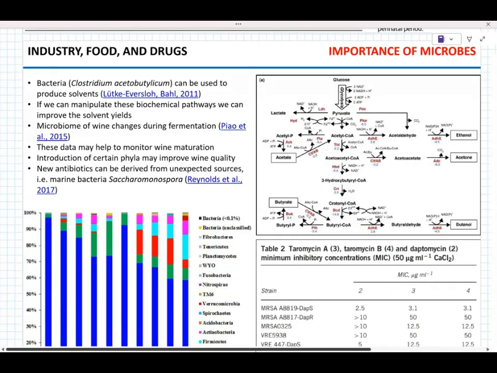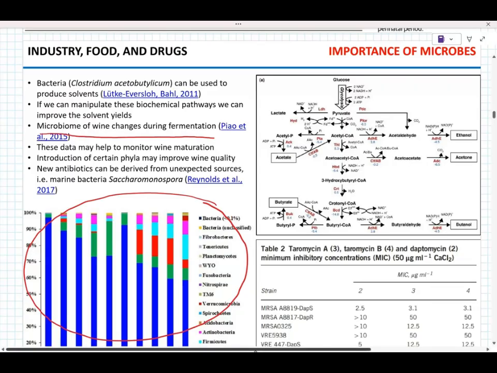Bacteria can be useful. For example, on this graph, you can see an observation of the wine microbiome changes during fermentation, which may allow people to track the perfect wine, to mature it the best way possible.